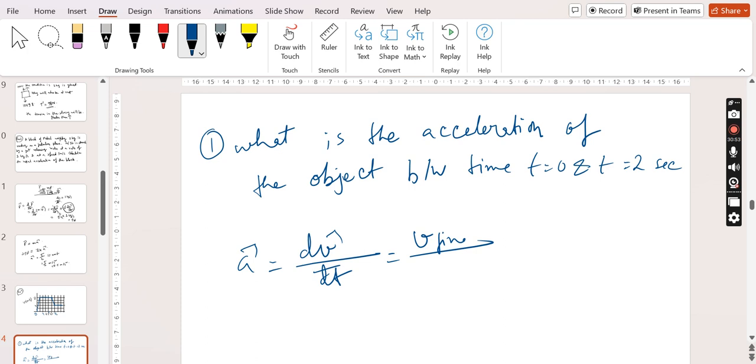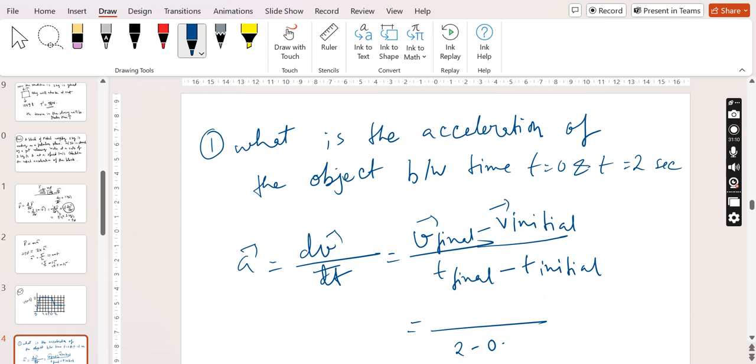So basically v final minus v initial by t final minus t initial. So here it is 2 minus 0. Now we have to know what is v final and v initial. So v final is v at 2 seconds. V initial is v at 0 second.